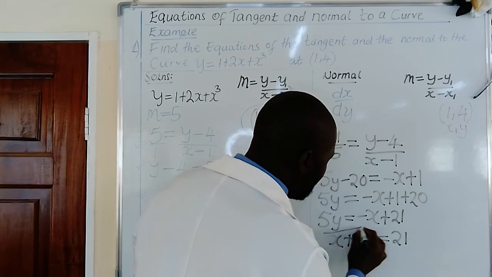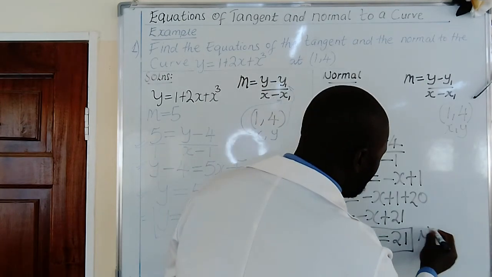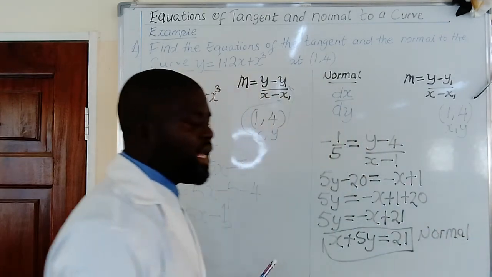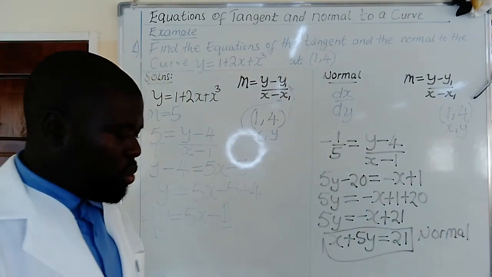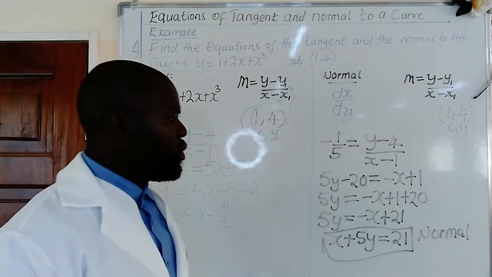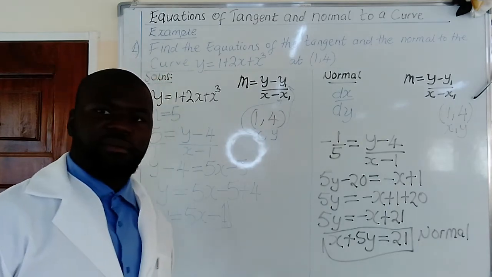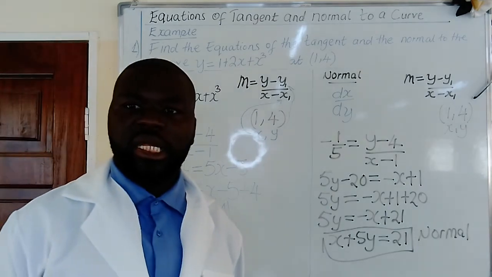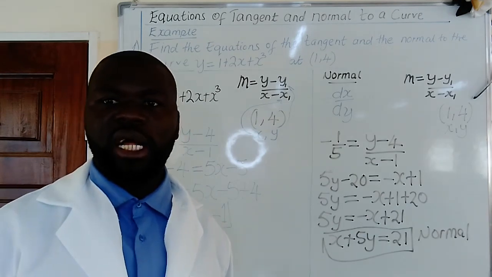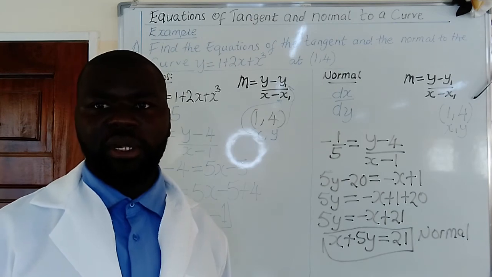So this is the equation of the normal to the curve at 1, 4. So basically, or generally, this is how we get the equations of the normal and the tangent to the curve at a given point.